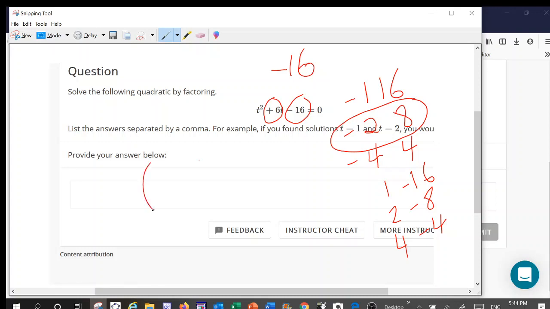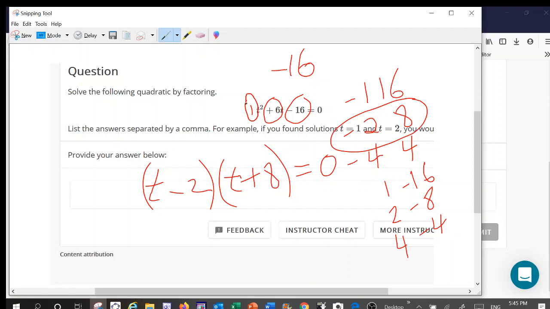And you don't have to break the middle term anymore. You just have to write, if the coefficient of t squared is 1, the answer is just t, t, and put those numbers in the parentheses, -2 plus 8. And that's it. Those are our factors. Now, if the coefficient is not 1, then you would have to break the middle term into 2 and then do factoring by grouping.